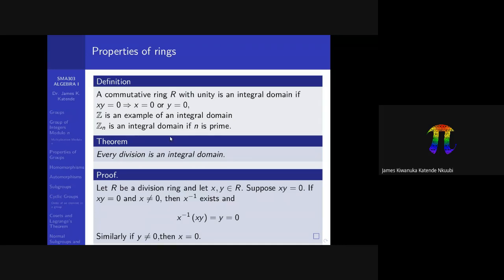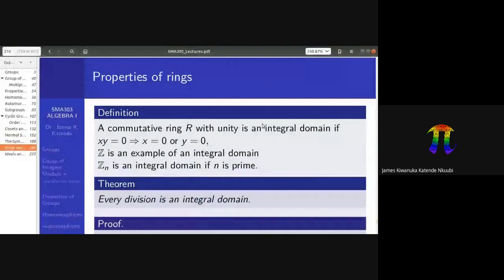But if you have something like Z5, Z5 will be an integral domain, because any non-zero numbers in Z5, if you multiply them, you will not get 0. So as long as n is a prime number, Zn will be an integral domain. It's actually a field, but here we are interested in the integral domain property.